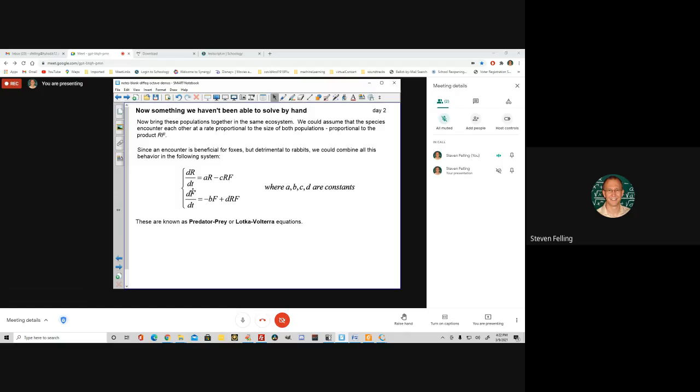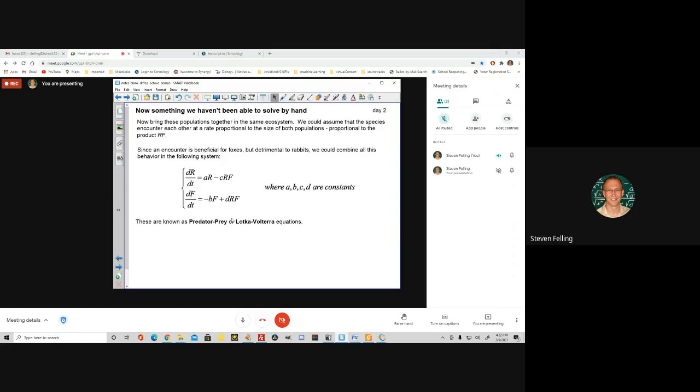So the more foxes there are, the faster the fox population declines. But that's balanced by the fact that every time there's an R times F encounter, you're going to increase the fox population, because foxes go up when there's more food. So more food increases foxes, but the more foxes there are, that decreases the population.